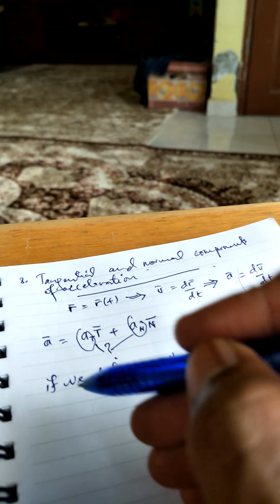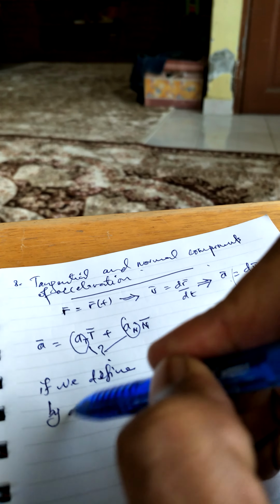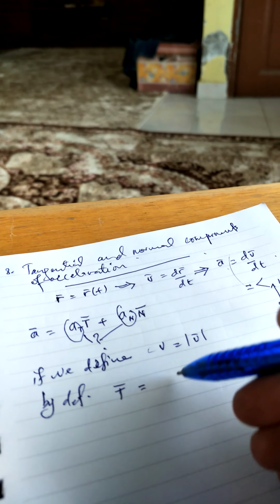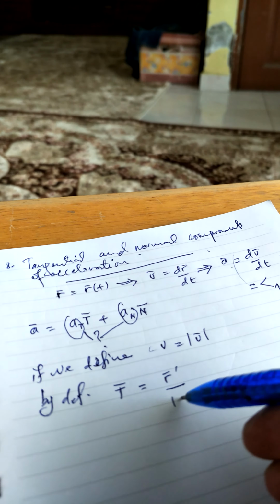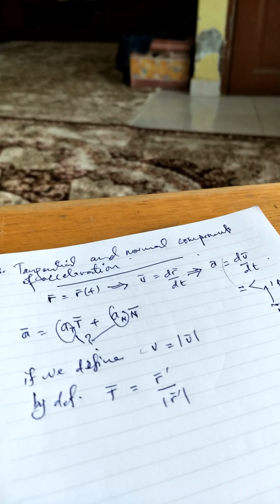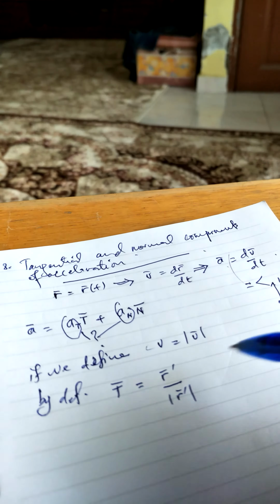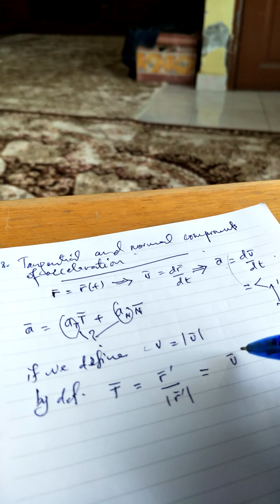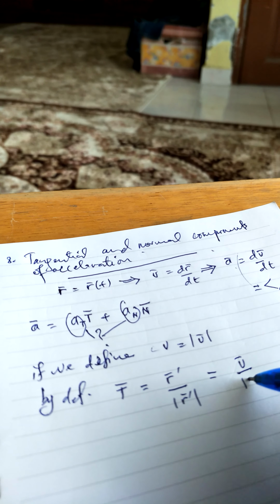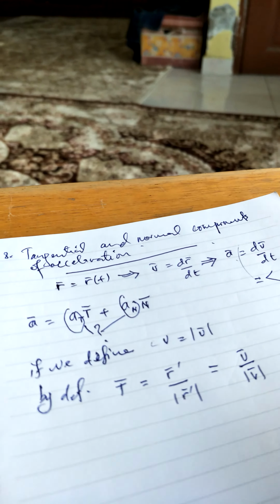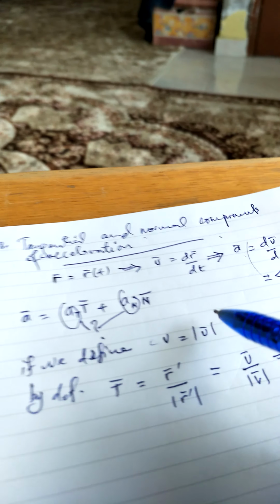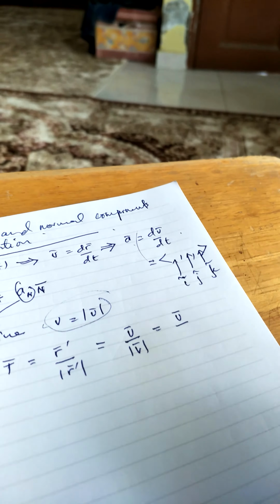By definition we define the tangent T as r prime over magnitude of r prime. And this r prime is v, and the magnitude of r prime is the magnitude of v. So you can write this with v as the vector, and this is v.